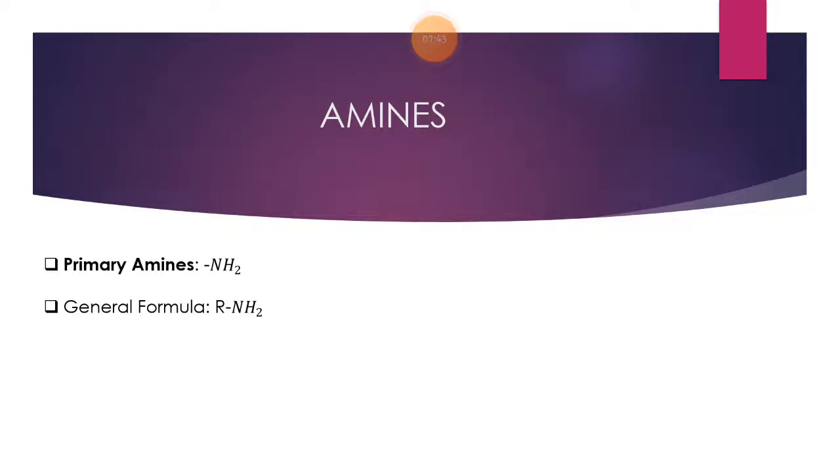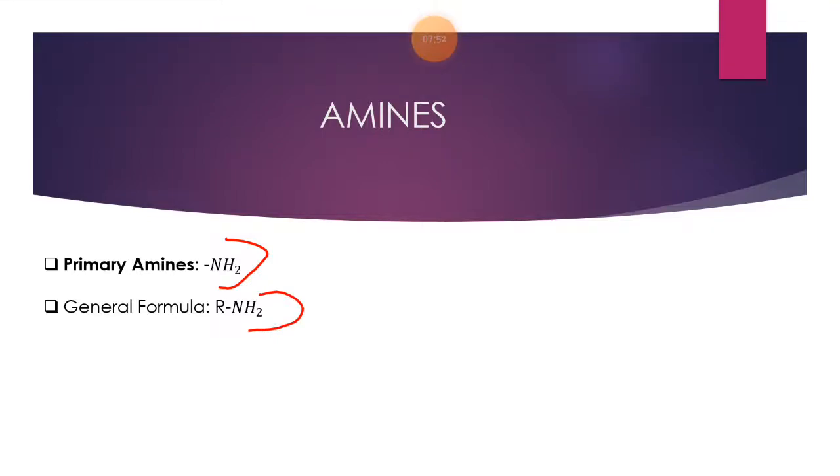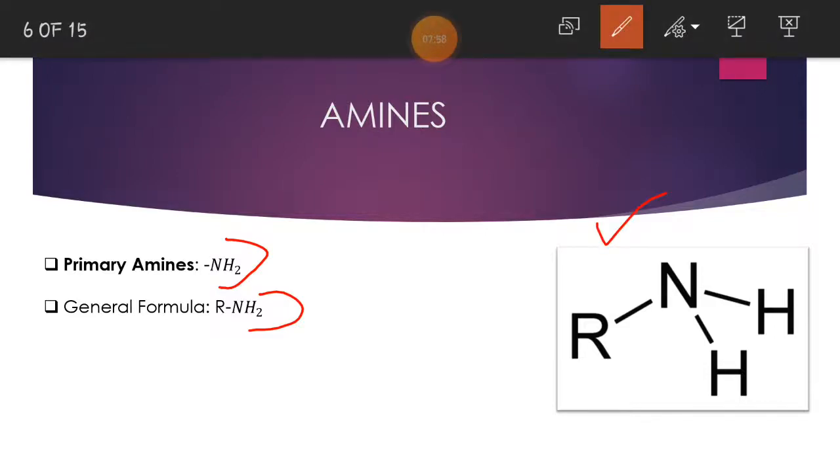So first one is the primary amine. This is the functional group in the primary amine and this is the general formula for the primary amine. These primary amines are mainly represented by the structure like this. Here you may see that nitrogen is having 3 bonds. You know that nitrogen needs 3 more electrons in order to complete its valence shell.